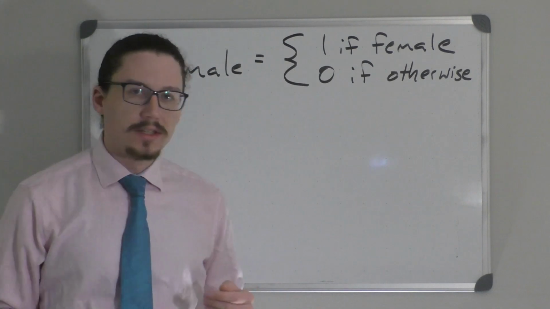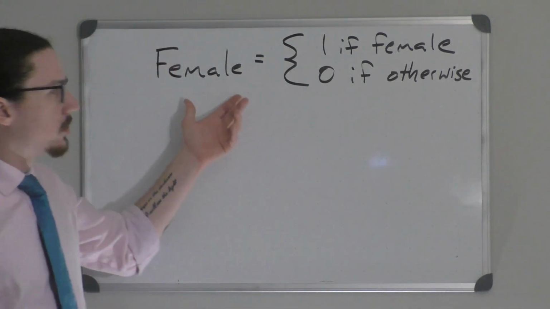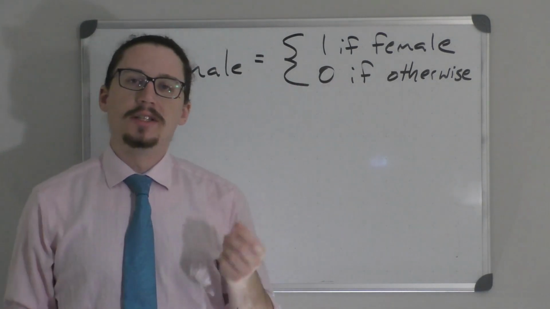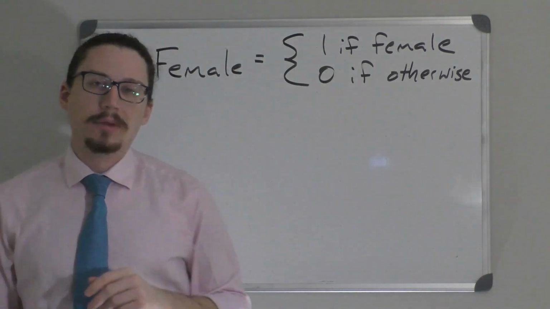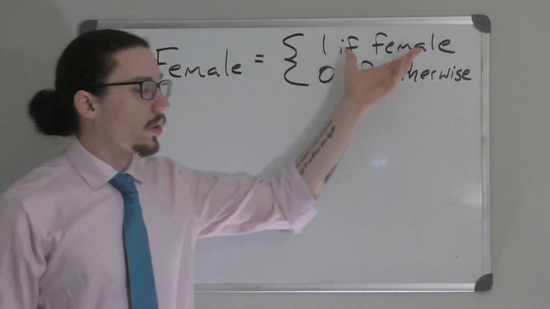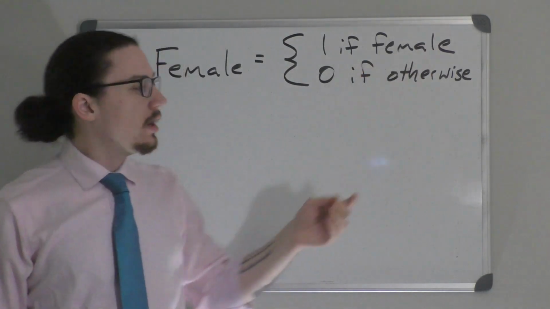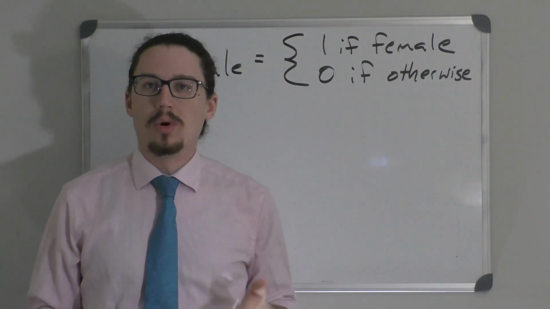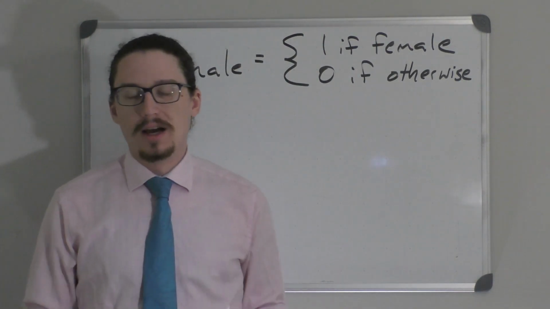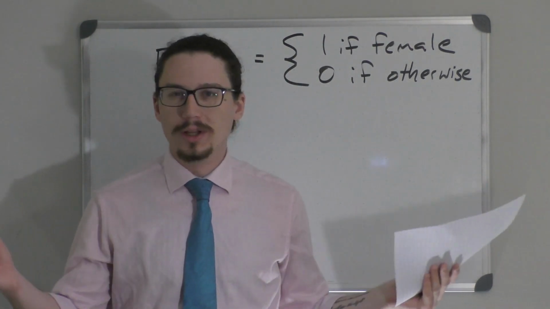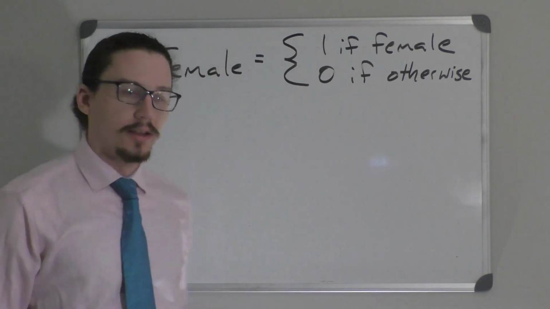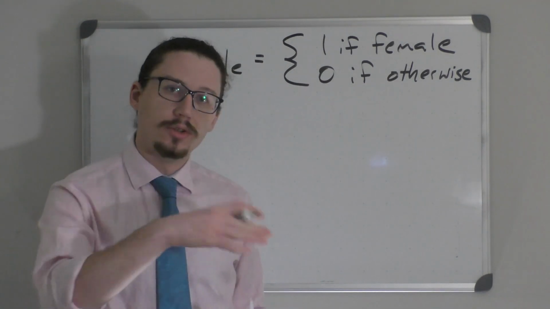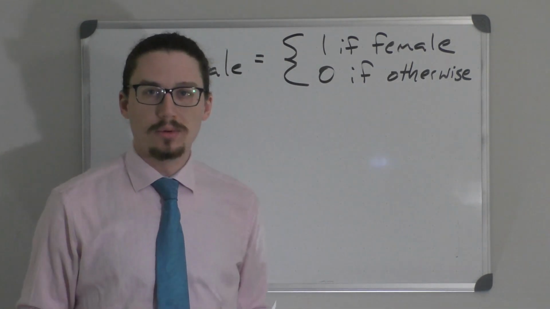Most of the time, when we create a dummy variable, whatever we tag as 1 we also make the variable name, or some variation of that. If it's really long, you want to condense it, but that variable name is often going to represent what 1 equals.